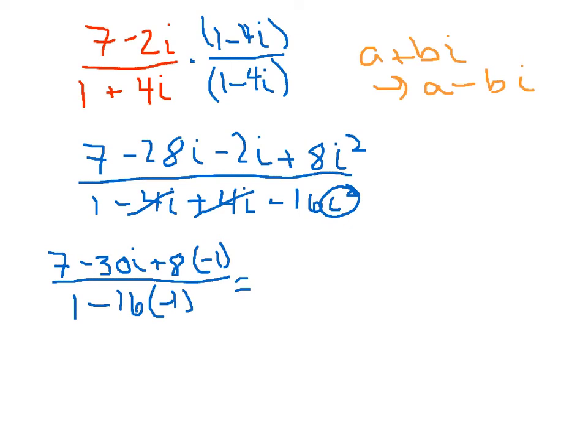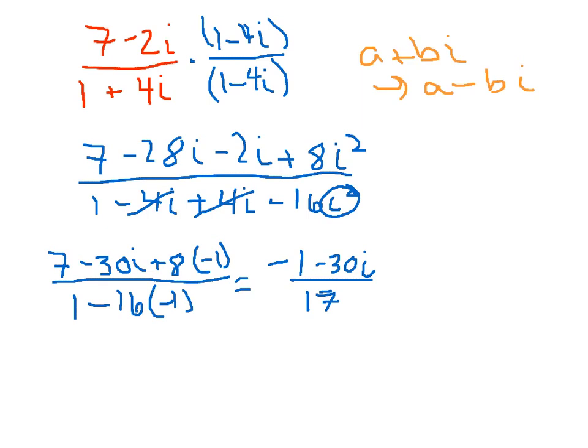So up top, I'll have 7 plus, this will actually turn to a minus 8. So 7 minus 8 will be a minus 1 minus 30i. And down below, I'll have a 1 minus negative 16. So that will actually turn into a plus 16, so it'll be 17.